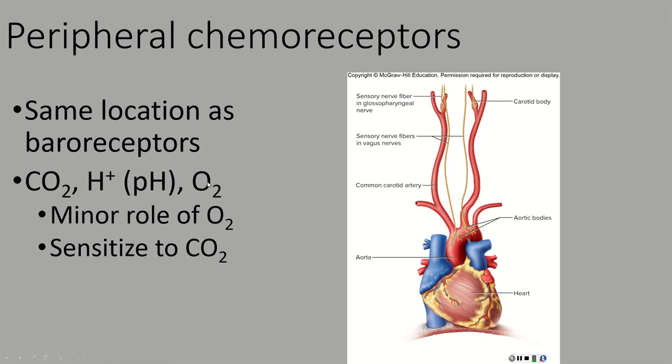Now, as a general rule, like I said, oxygen plays a very minor role. Oxygen sensitizes these receptors to carbon dioxide. Really what that means is we need oxygen for these receptors to detect CO2 in most instances.